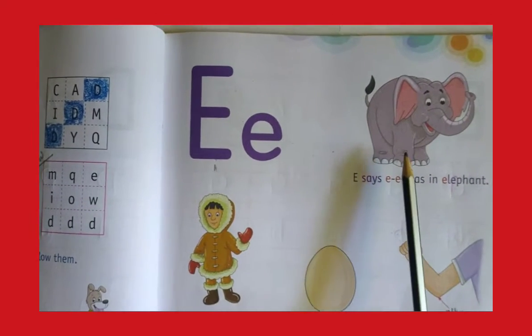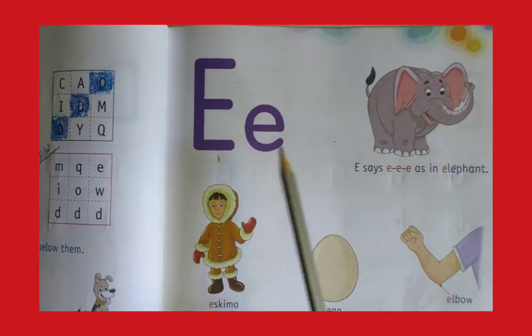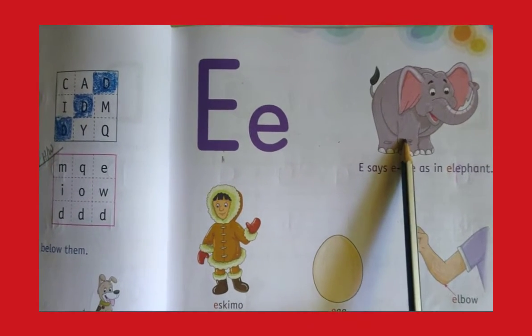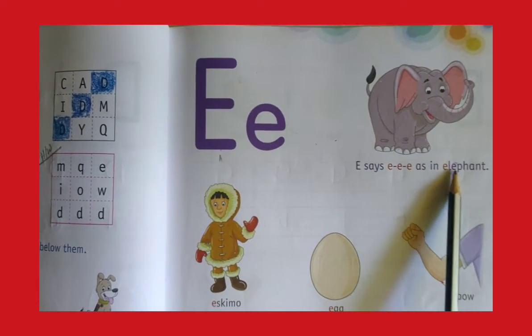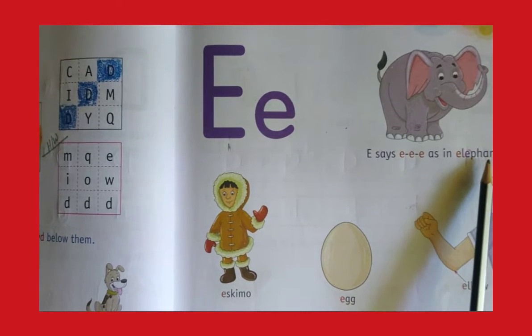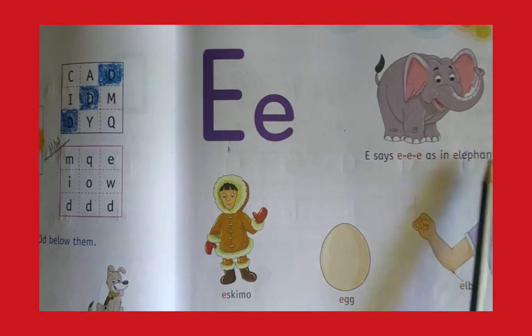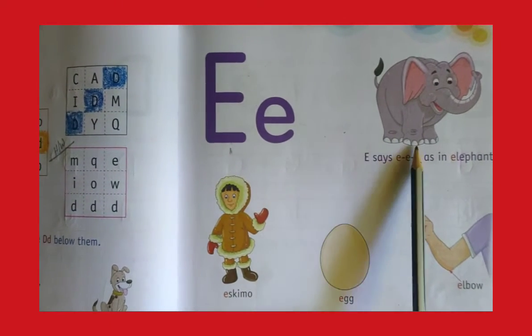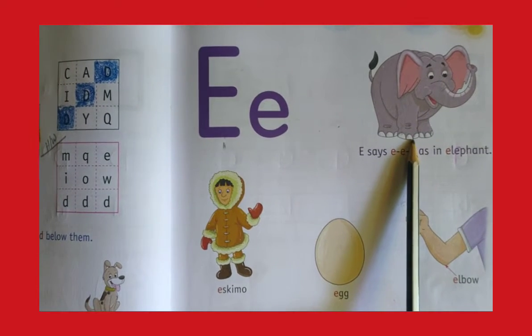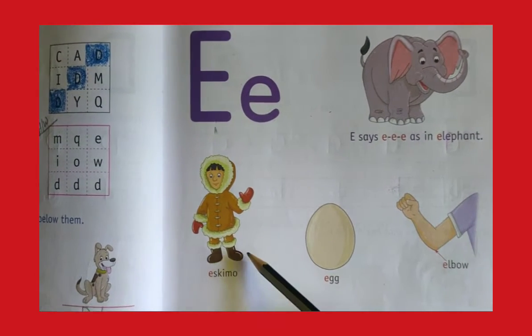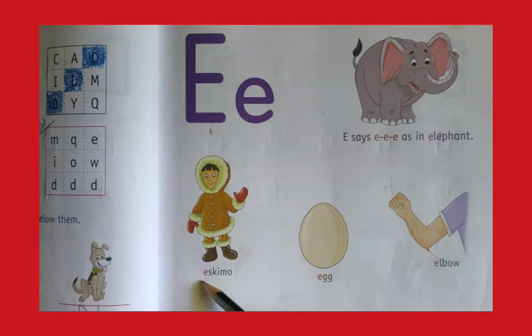First one is elephant. E for elephant. Okay. Next one is Eskimo.